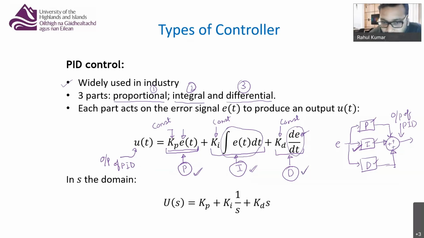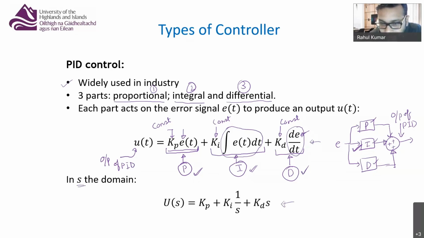Now, we can easily convert the given output into the S domain. The Laplace transform of Kp e(t) is simply Kp.